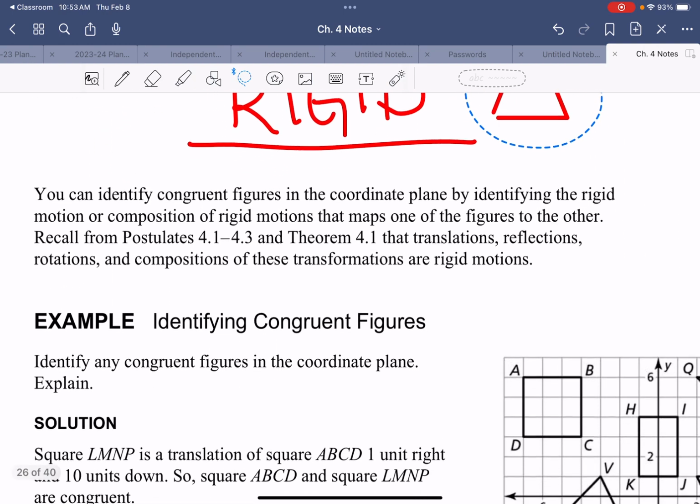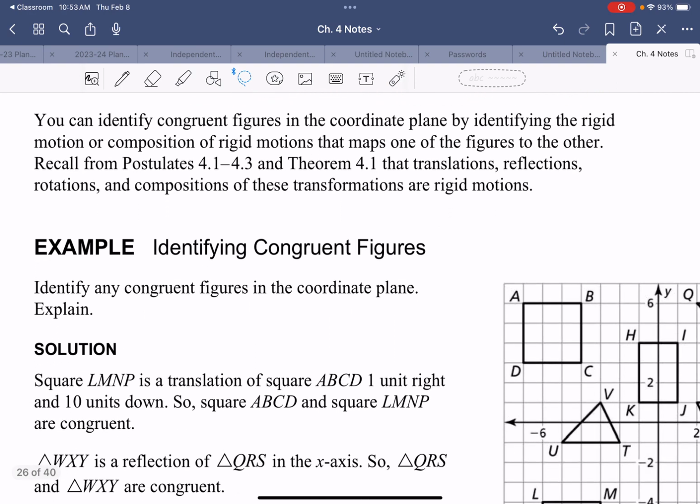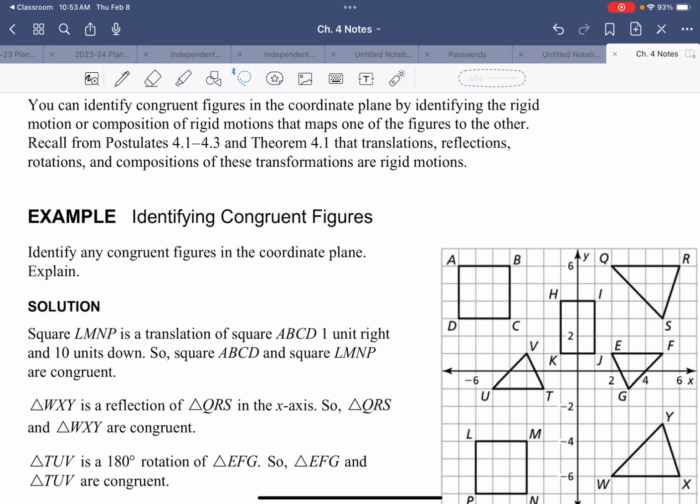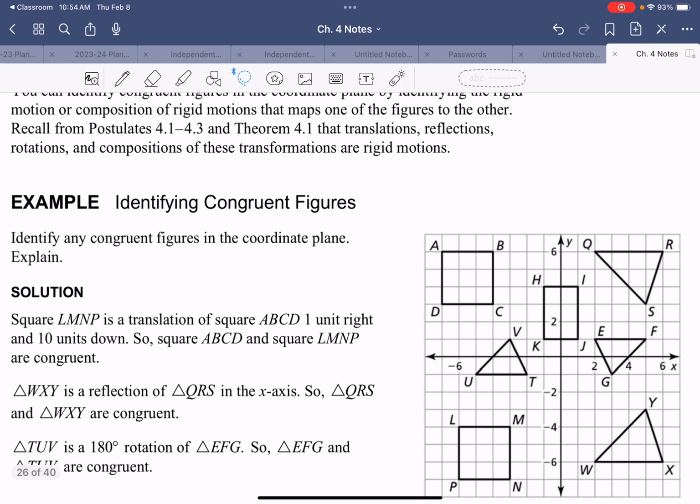Now, we can identify congruent figures by identifying what we did to it. And it says here, the rigid motion or composition. So basically what we're going to say is, okay, these two are congruent. How did I go from the first one to the second one? Did I slide it? Did I flip it? Or did I rotate it? So if we look here in this example, the first thing I'm going to notice is, oh, here's a square and here's a square.